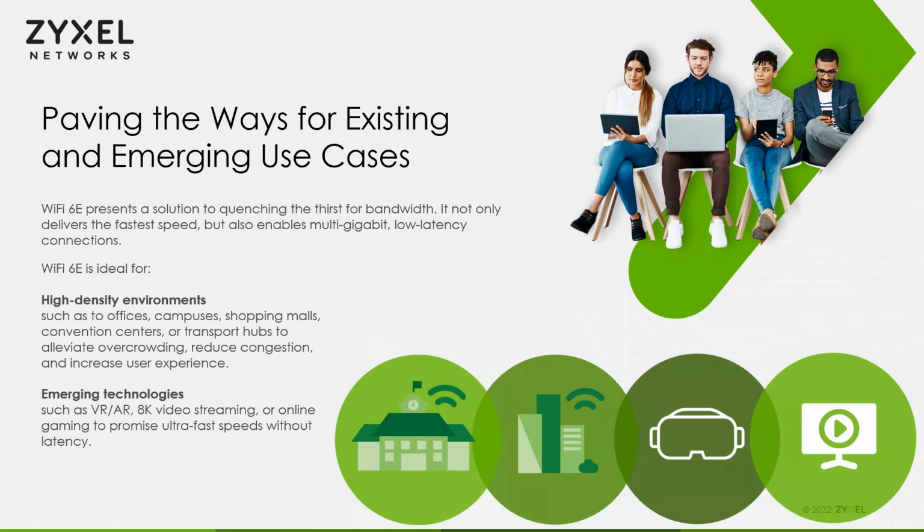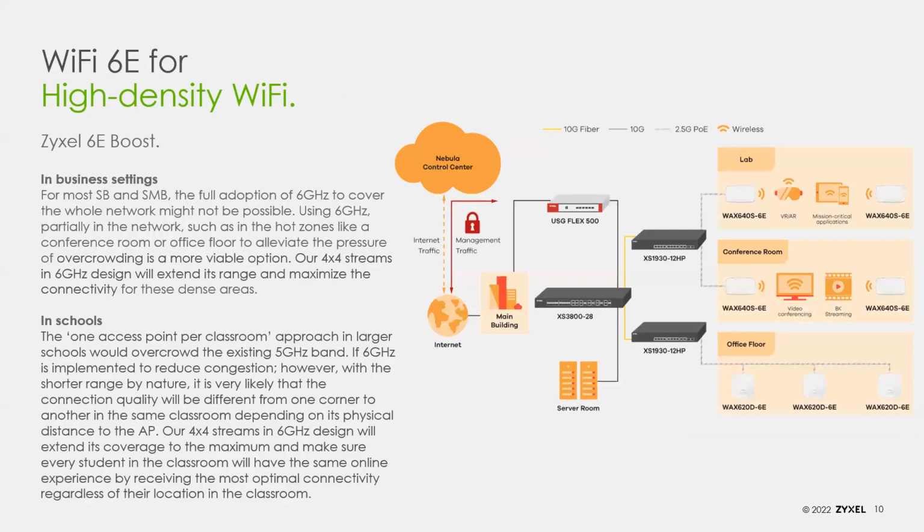I guess maybe in an environment where you've got a lot of that going on on one wireless network, 6 gigahertz may be a benefit for you. So I think the main application is going to be these high density Wi-Fi areas where you've got either a lot of users or a lot of APs in the same space. Schools, I think, are going to be one of the big areas where this is going to be popular.